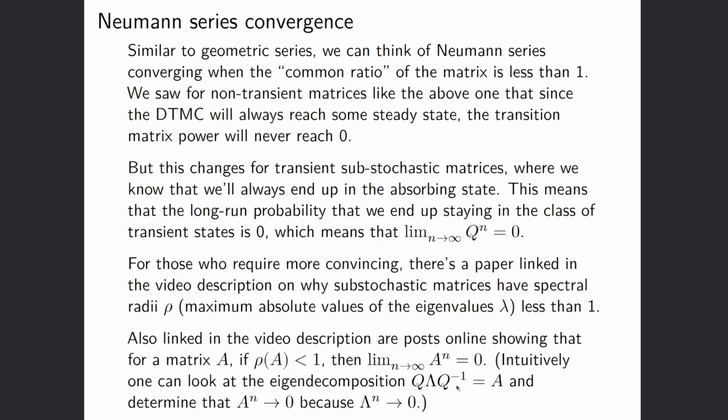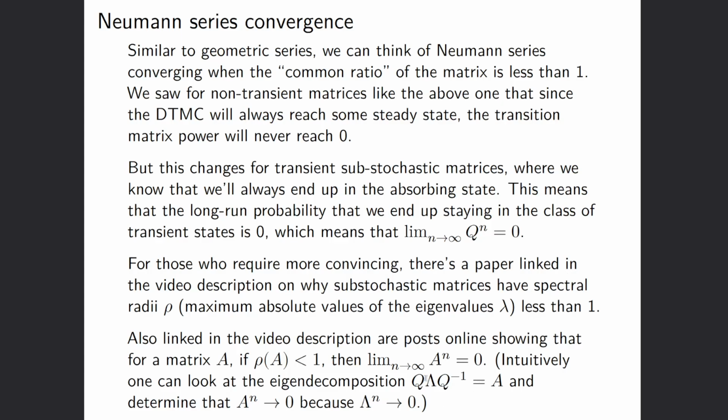So intuitively, you can look at the eigenvalue decomposition here to see that, as n goes to infinity, the power of the eigenvalue matrix will go to 0. But again, this is a bit too much in depth. And you'll see some stuff on matrix norms also. But as for why Neumann series can converge, if any of the matrix norms is less than 1, then you can look at that.